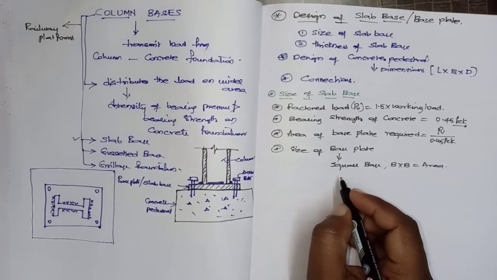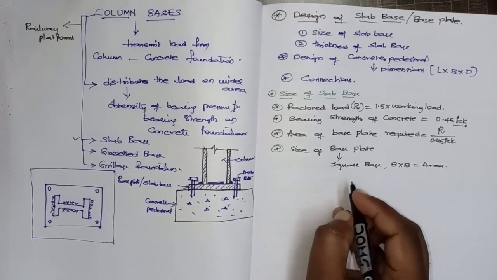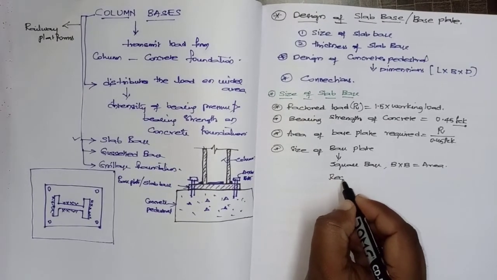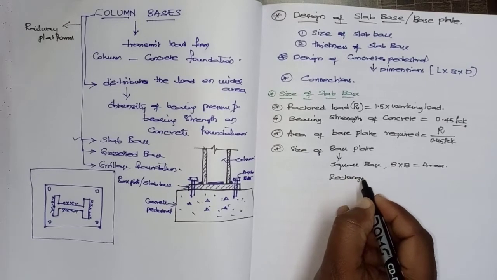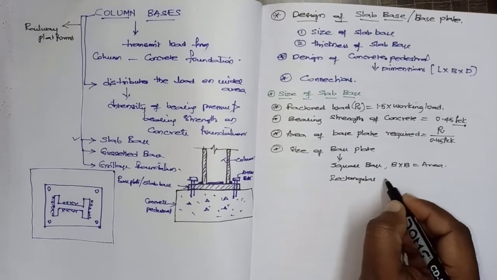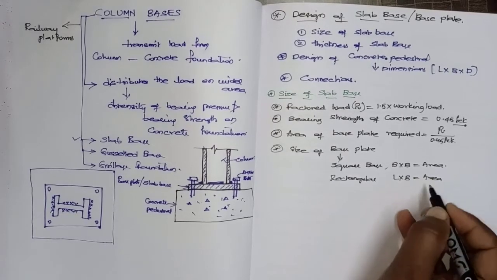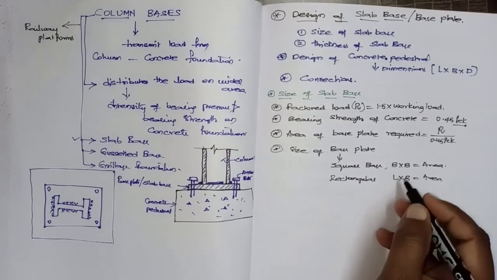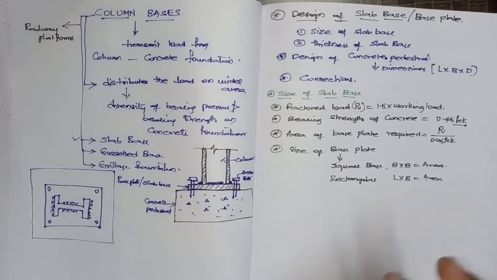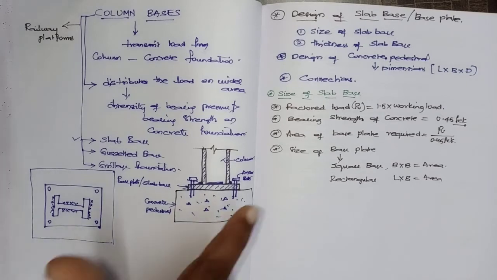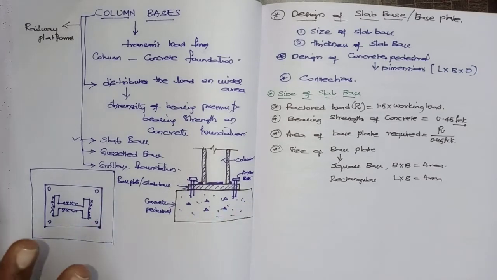Next, for a rectangular base, L into B will be the area. While doing the problem, it will be understood how to take it, right? Now here you got the slab base plate sizes.